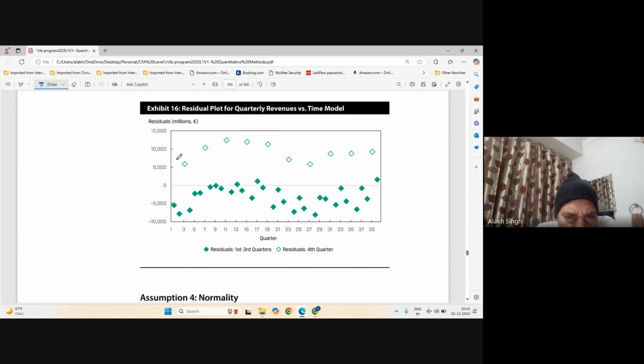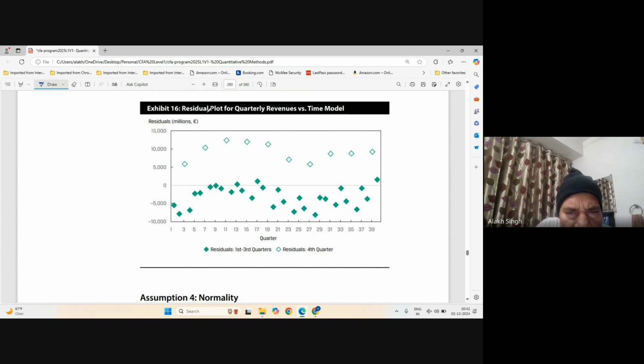Again, error terms are showing some pattern: the fourth quarter error is overestimating, and the rest of the three quarters are not always underestimating, but most of the time they are below the mean. So the three quarters will underestimate Y variables and the fourth quarter will overestimate, meaning it will be above average.